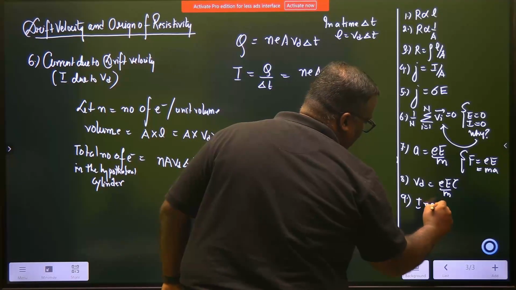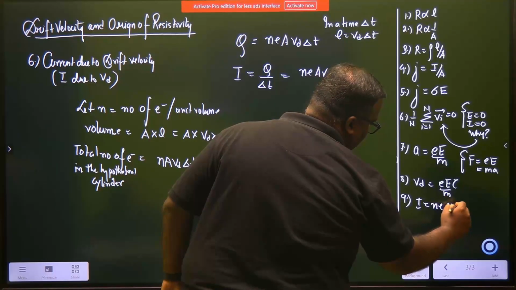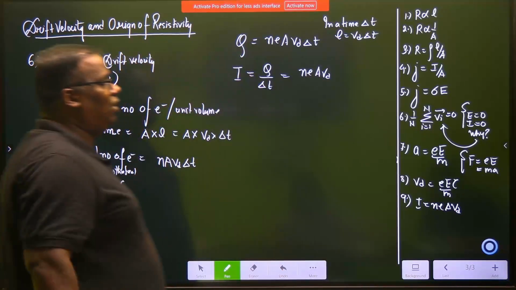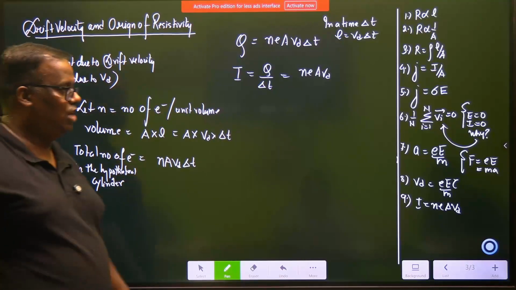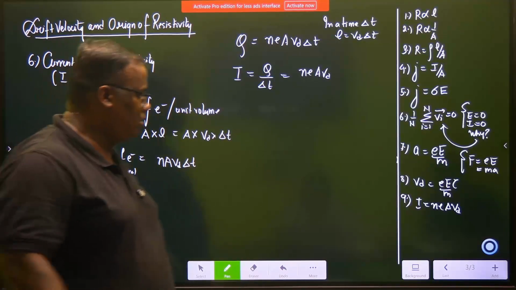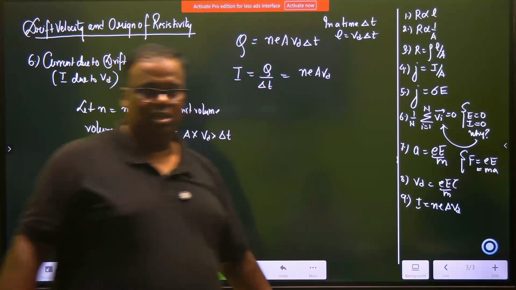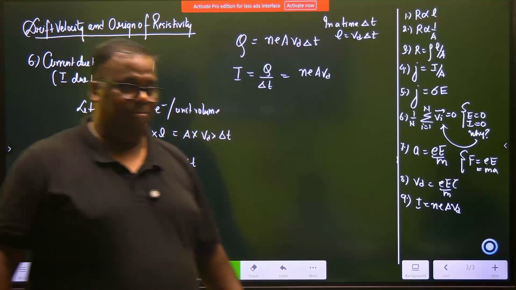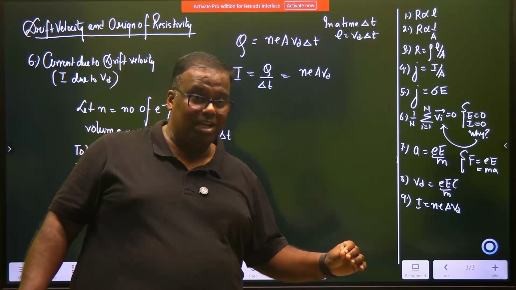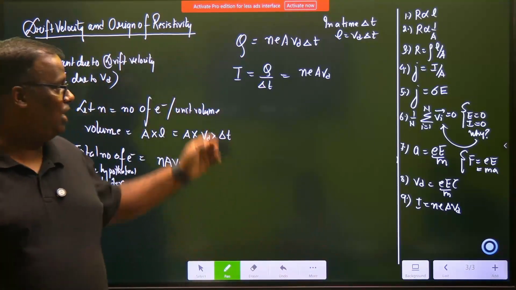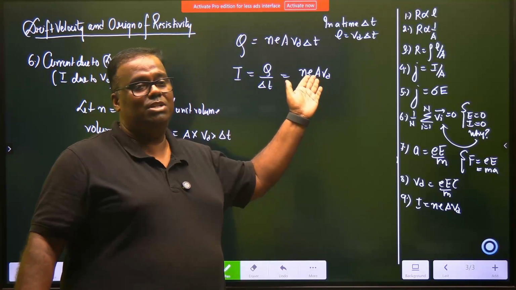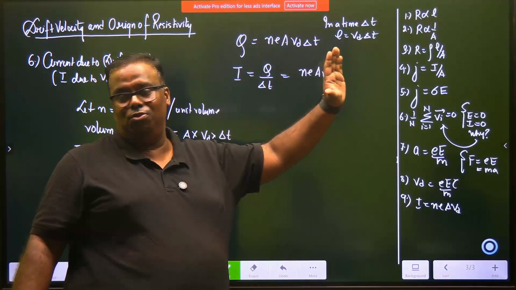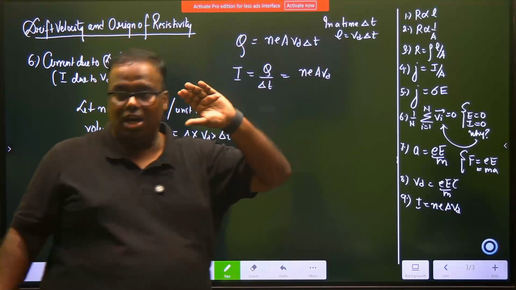Current is equal to NEAVd. So if you know the drift velocity, the cross-sectional area of the conductor, the charge of an electron, and how many electrons are going, you can calculate the current. This is the microscopic current. You derive current based on the velocity of an electron, the cross-sectional area they move through, and the charge of an electron.